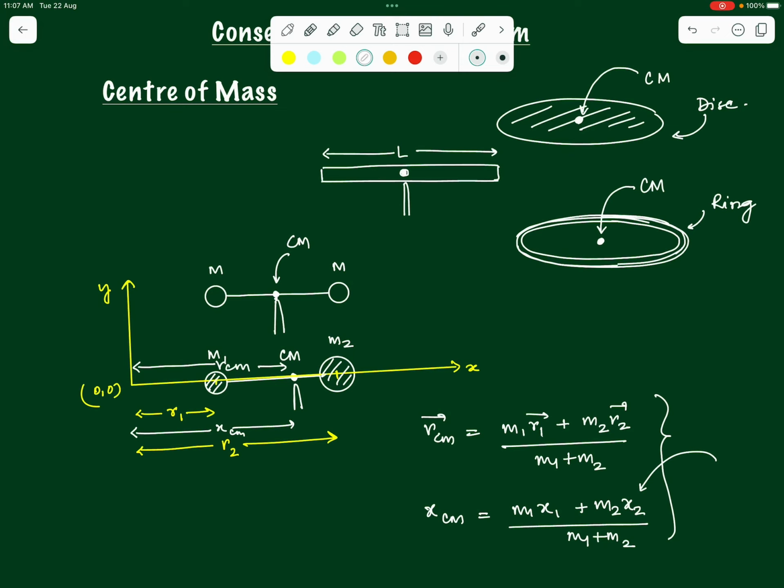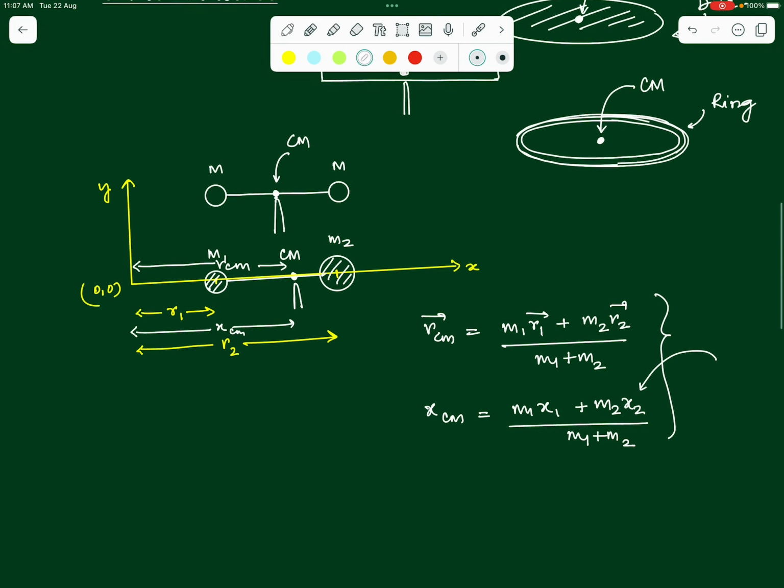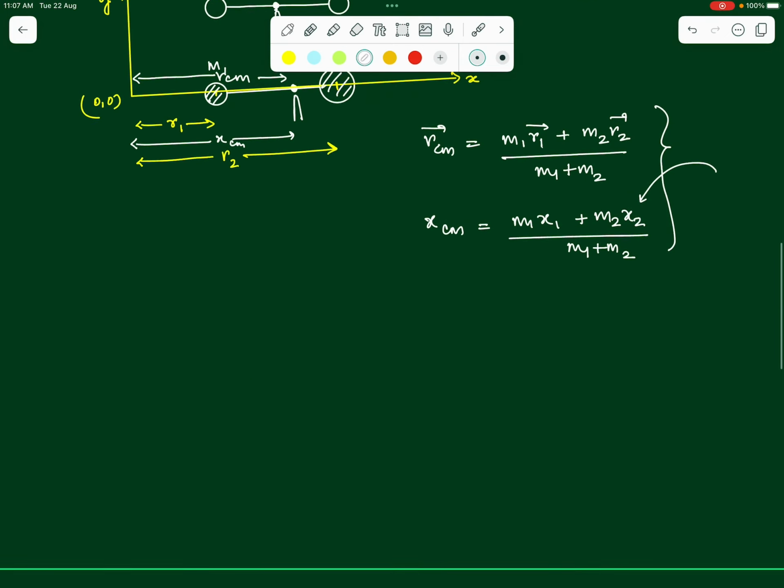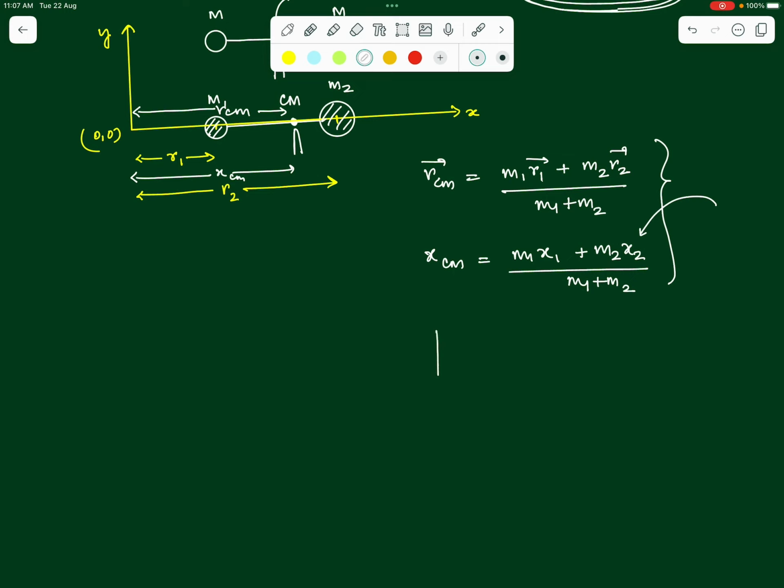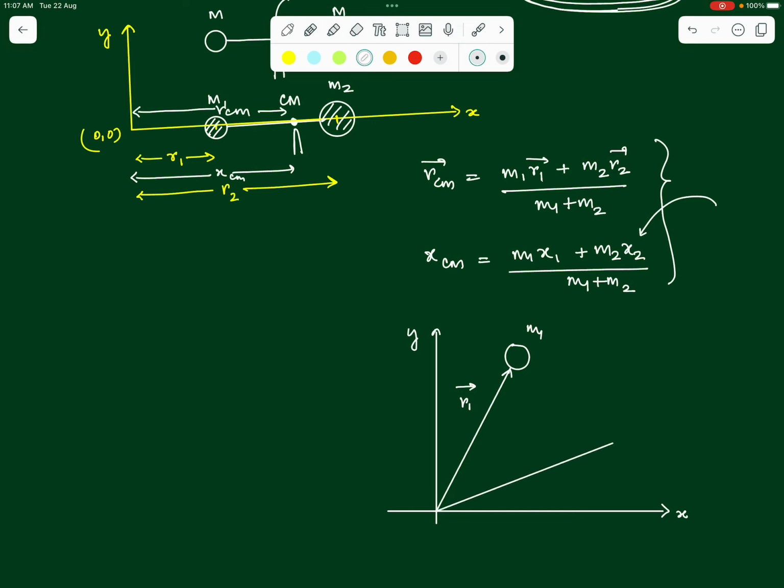In fact, not just for this system, if we have masses which are placed anywhere in space, for example, let's say you have the xy plane this time, and you have two masses, the mass m1 which is placed at a position vector r1. Now r1 will be a whole vector in space, right, and there is another mass m2 which is placed over here.